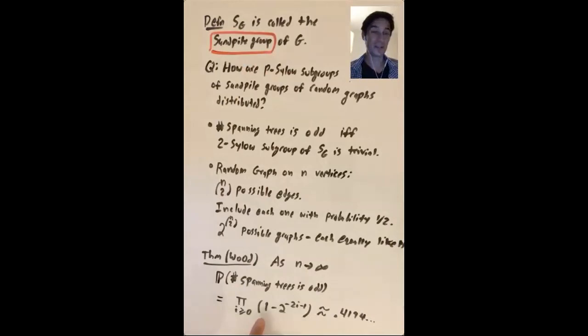And this is a cool example of something where you're really getting a probability that has this cool product formula that means something, and it's not so clear why until you really get into what's going on behind the scenes here.